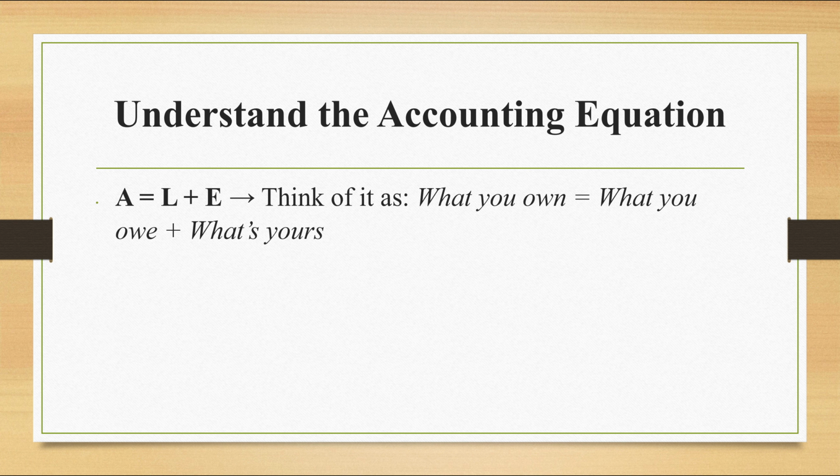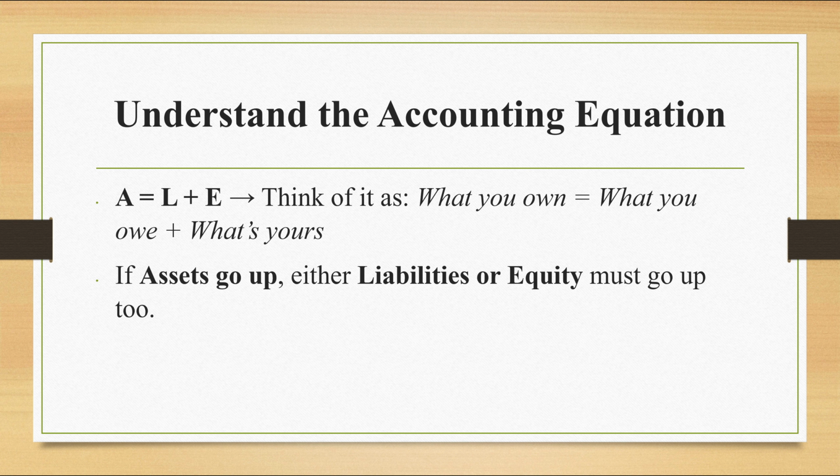There is also something else I wanted to talk about. Assets, I've said, equal liabilities plus equity. You can think of it as what you own will be equal to what you owe plus what is yours.